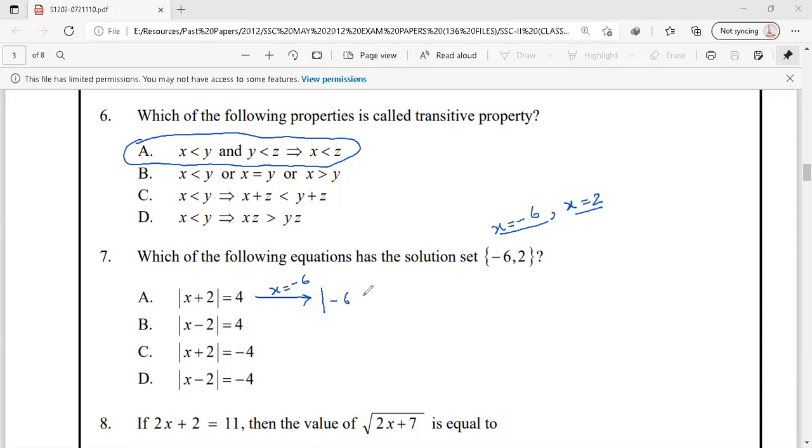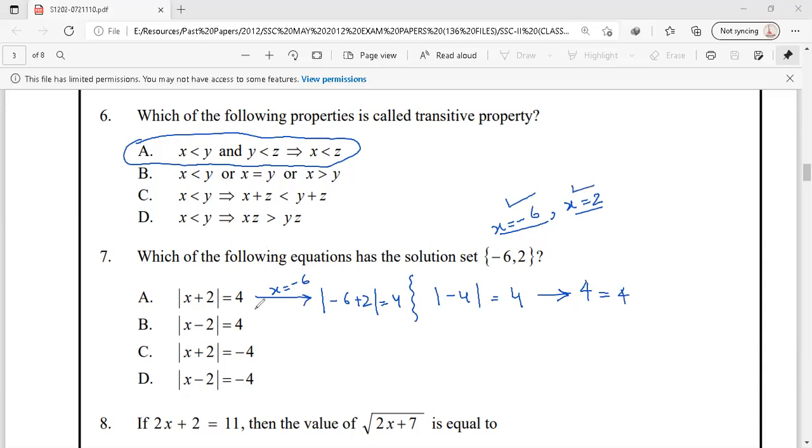Minus 6 plus 2 equals minus 4, and modulus of minus 4 is equal to 4, so 4 is equal to 4. So this value of x satisfies the modulus equation in option A.